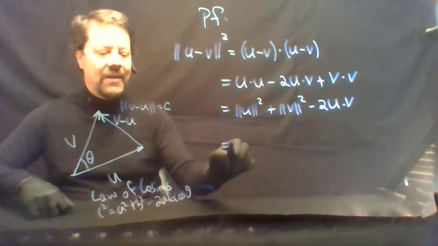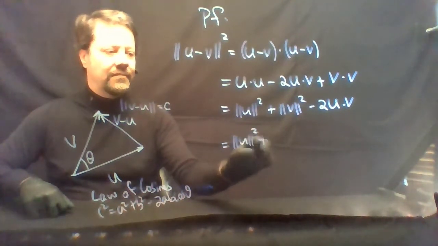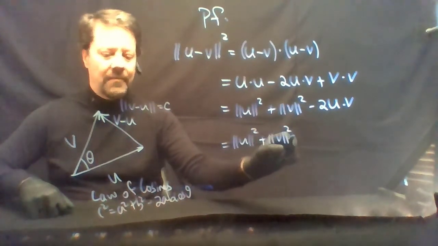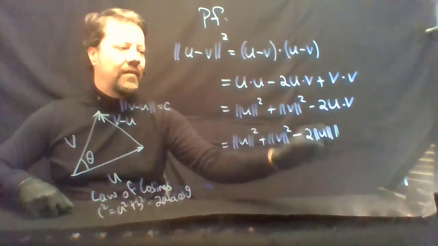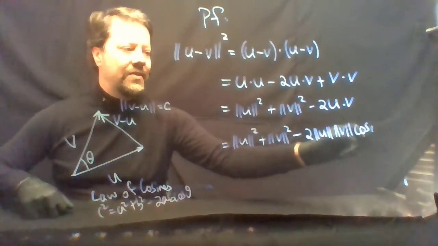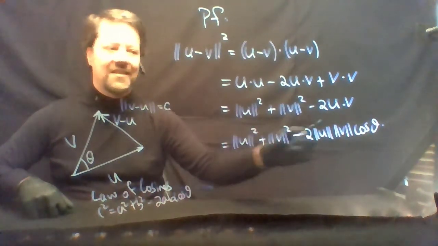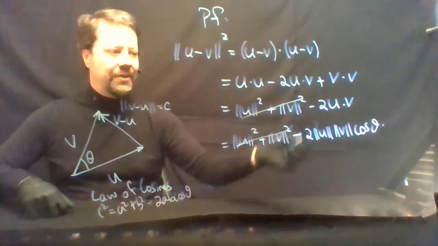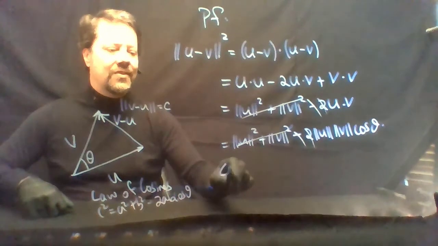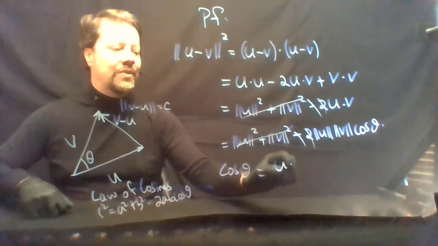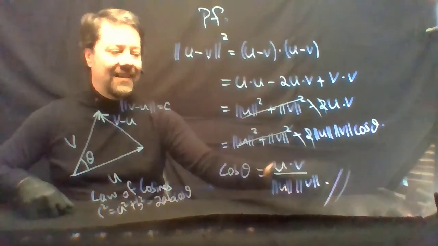I have c squared equals a squared plus b squared minus 2ab times the cosine of the angle theta. This must equal this, because we can cancel off the first couple terms, and after that cancel off the minus 2. We can solve for cosine theta equals u dot v over norm u, norm v, and that's it.